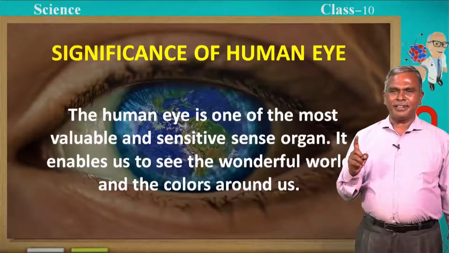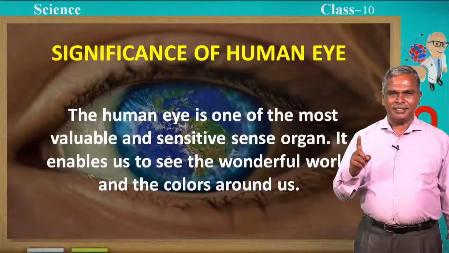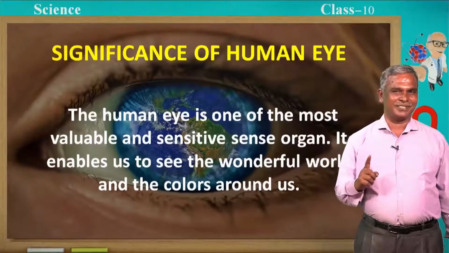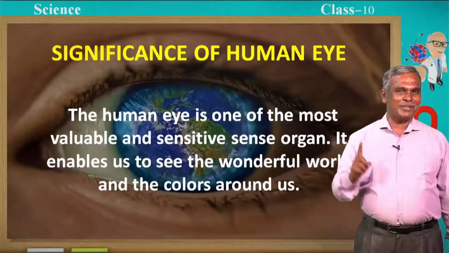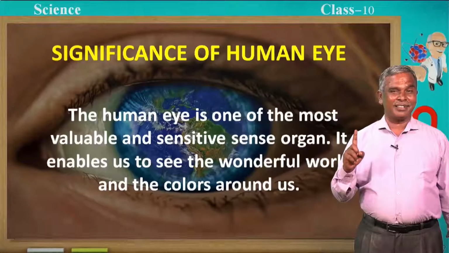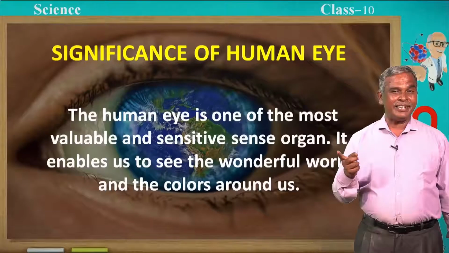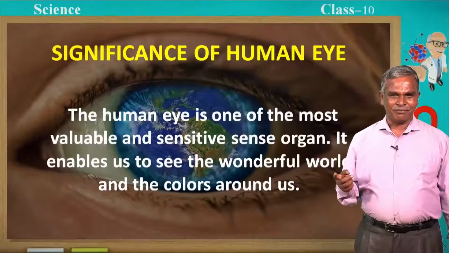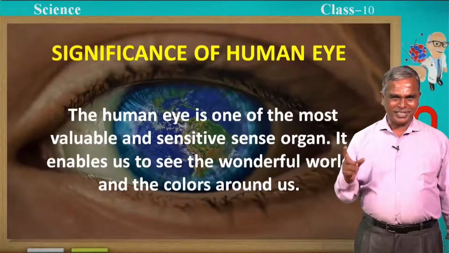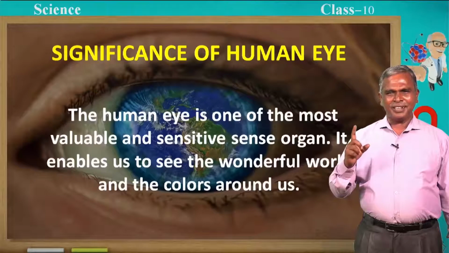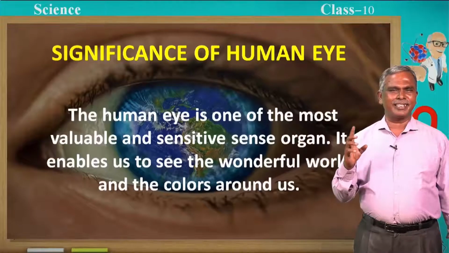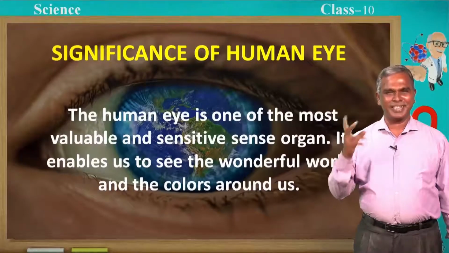About the significance of the human eye, I would like to quote an illustration from the mythological stories. During the lockdown period, you might have watched the Mahabharata serial which has been telecasted on television. I would like to take one instance from that Mahabharata story. Dhritarashtra, the elder, was selected as the king of the Hastinapur kingdom.